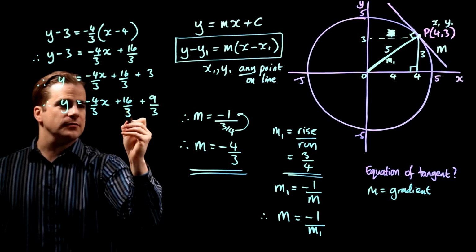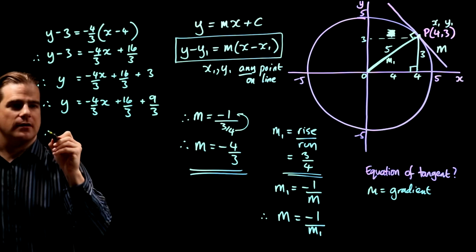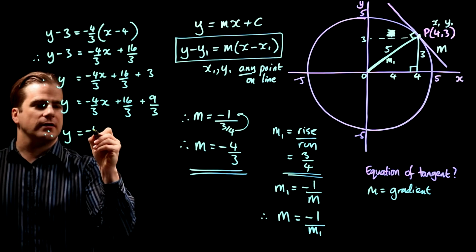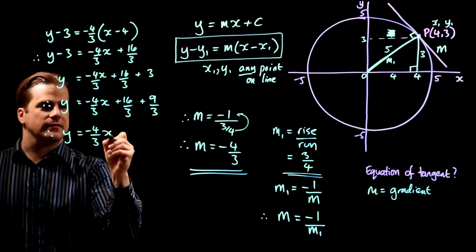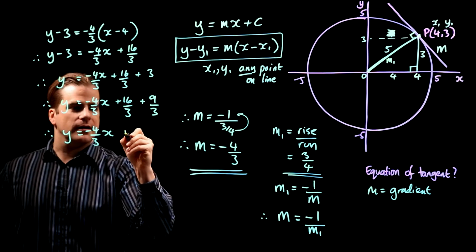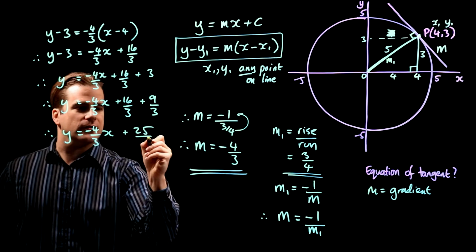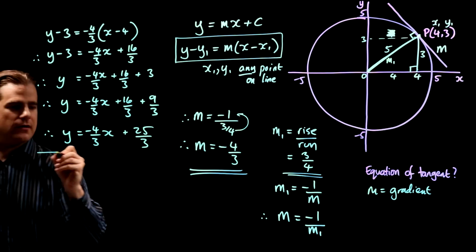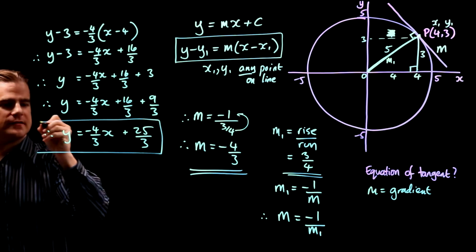Basic fractional addition, make the denominator the same. Therefore, y equals minus 4/3 x. 16 plus 9 is 25 over 3. There you go. That's it.